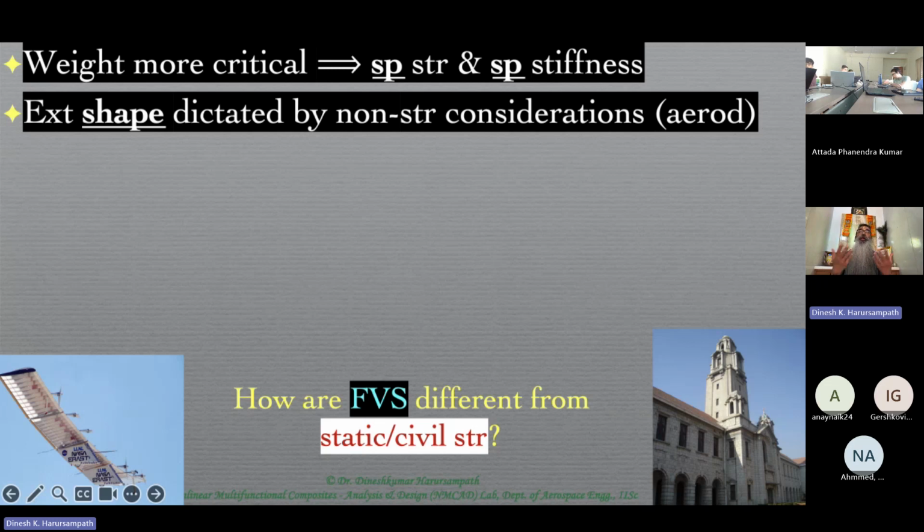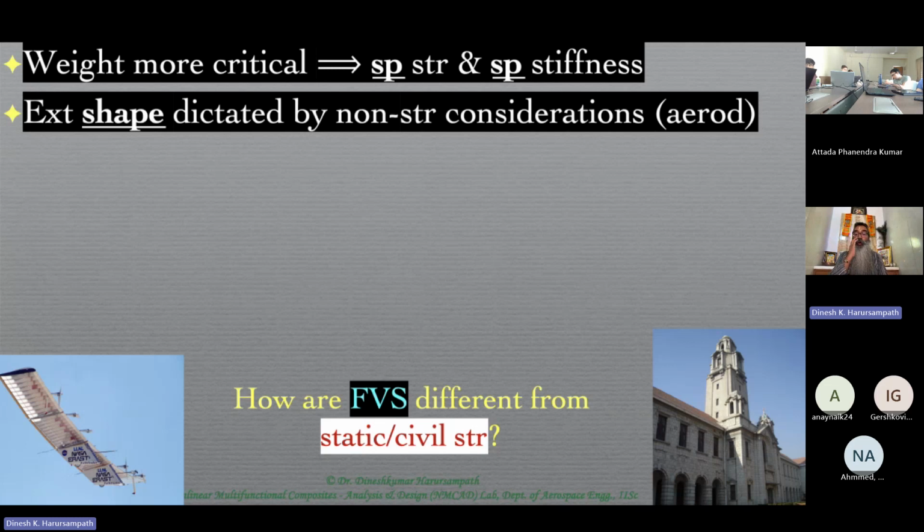So we as structural engineers, when designing a structure, do not have much control over the external shape. However, within the skeletal structure, what goes in and where it goes, which material, what shape, what size, all that again is geometry, and we will have a say over what happens within the structure. But it's only the overall geometry which is dictated by that.